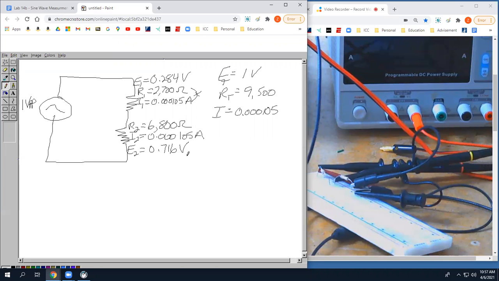What do you get when you add those two together? 1 volt. Series circuit.